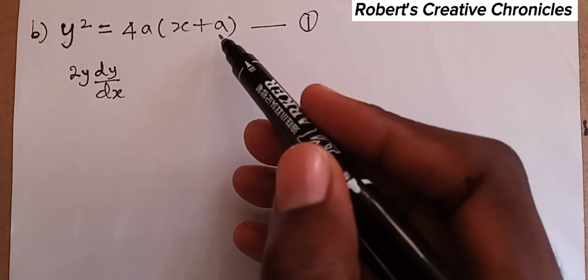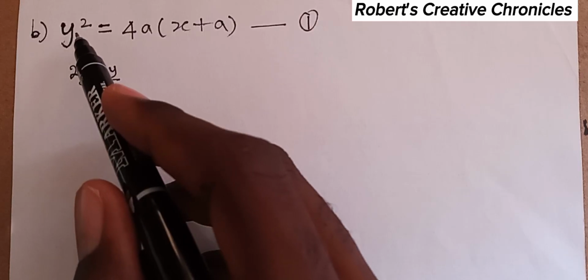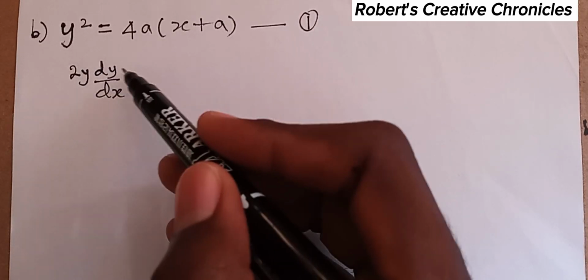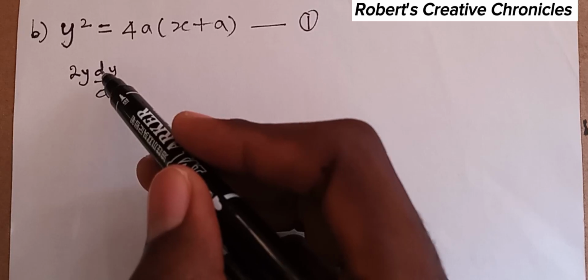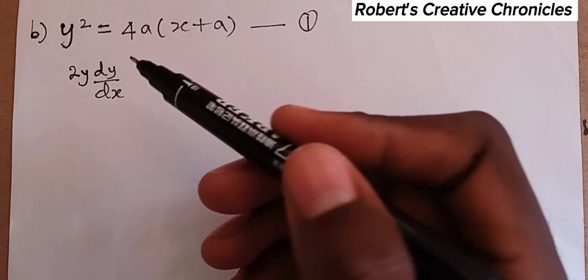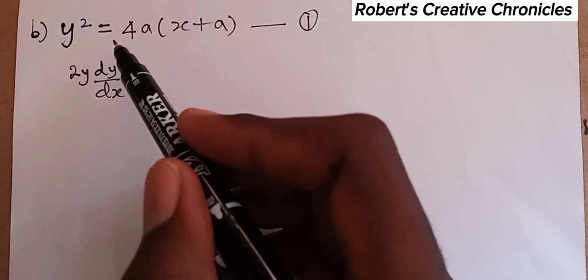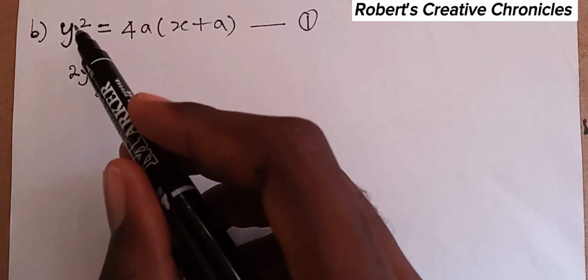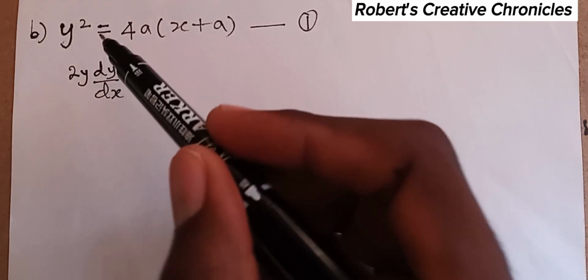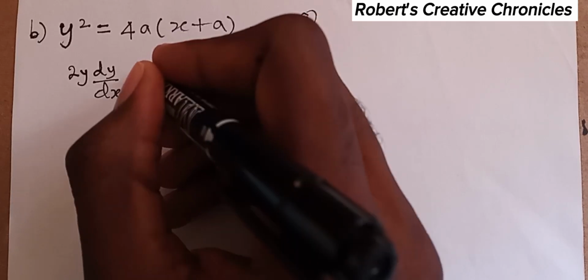This is an implicit differentiation. Because of this y, to differentiate y you have to add dy/dx to it, because it is the derivative of y with respect to x. Only when you are differentiating x, you don't add dy/dx. But since we are differentiating y, you have to add dy/dx. This is known as implicit differentiation.